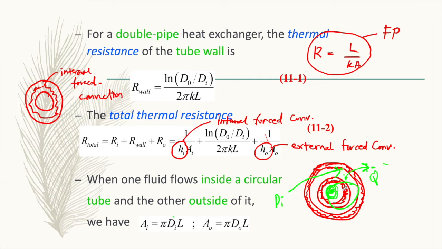Therefore the inside diameter will be here. So this is diameter i and diameter out is here, D out. Because you are only focusing on the heat transfer between the internal tube and the annular space, do not calculate the area inside by using the inside diameter of the outer tube.